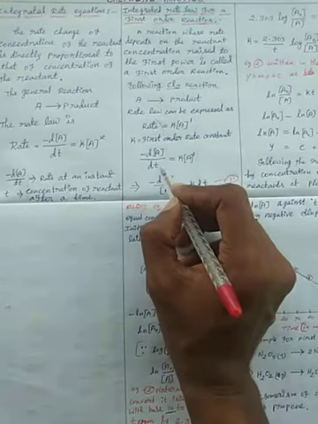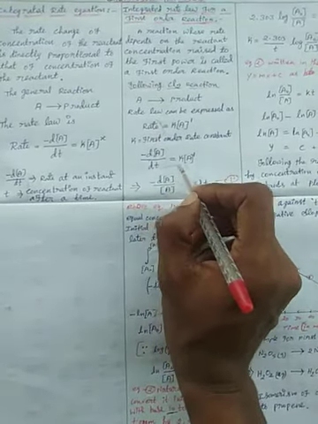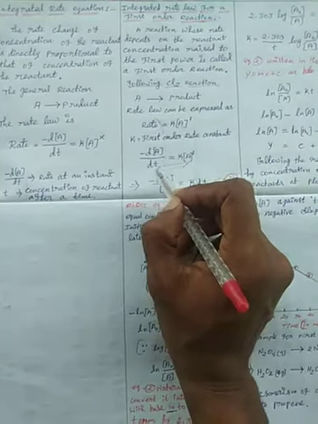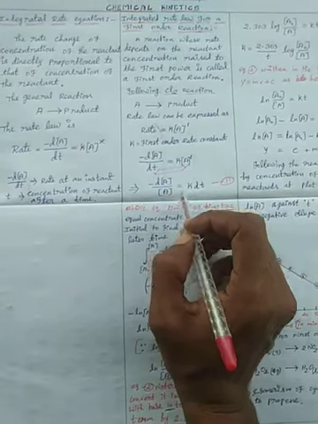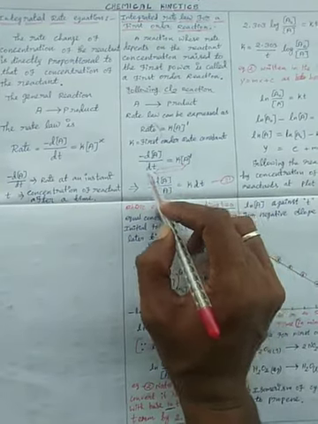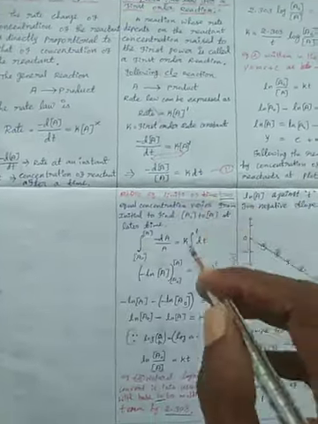So rearranging, minus dA by A equal to k dt, which we mention as equation 1.